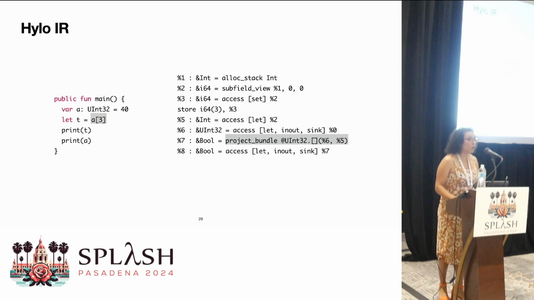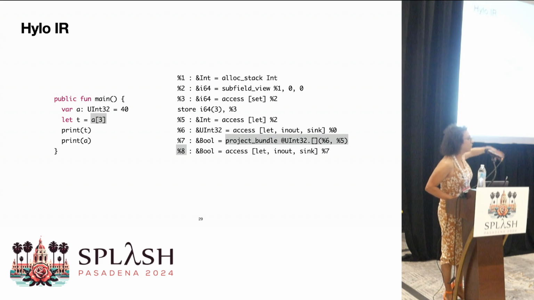So we look at all the uses of the instructions, and we try to narrow it down to the specific access that we need. So in this case, we can guess that we need just a let access because there is no use of T that is mutating after the fact. And so we will reify this project bundle, because here we are creating the different accesses.